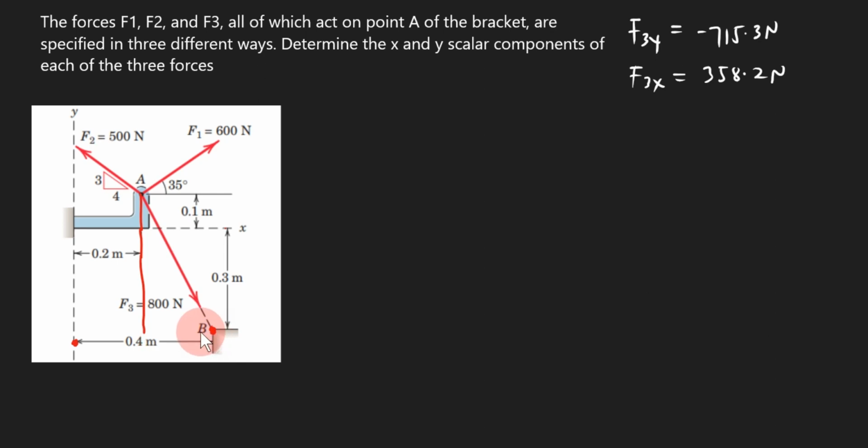Let me bring this here. I can move a certain distance to locate point B here. So you see that I move a certain distance on the y-axis and a certain distance on the x-axis. That's what will give us the position vector.